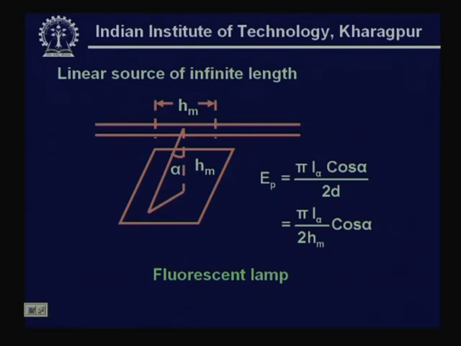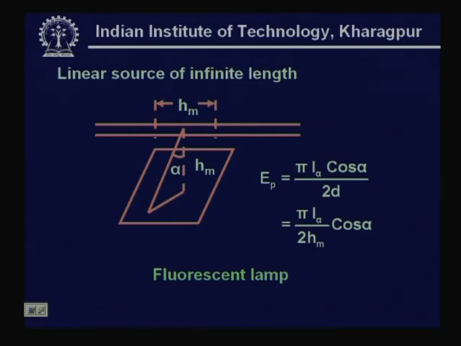You can see it is marked. At any point P, the straight line to this point from the line source is at an angle alpha to the vertical. Then we can arrive at this as pi I alpha cos alpha by 2 Hm.